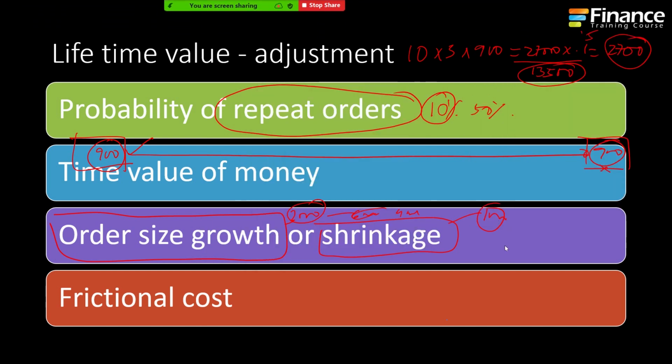Alright. Then there are frictional costs. So again, back to Maya. What are frictional costs? Refunds, exchanges, returns, right? Complaints, and then most importantly, shrinkage and theft.